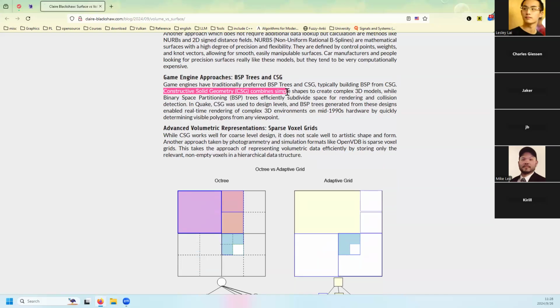CSG combines simple shapes to complex shapes, while BSP subdivides space for rendering and collision detection. In Quake, CSG was used to design levels, and BSP trees generated from these designs enable real-time rendering.